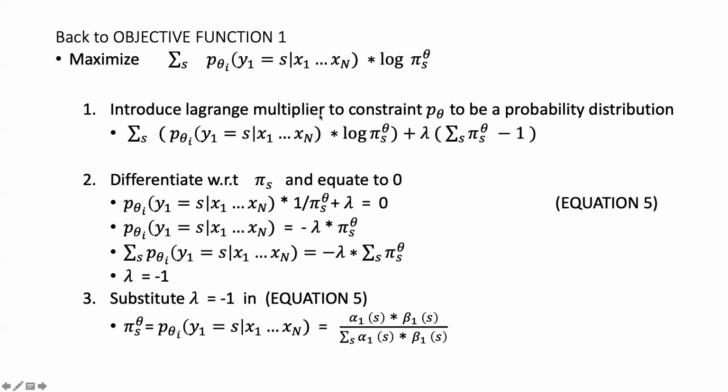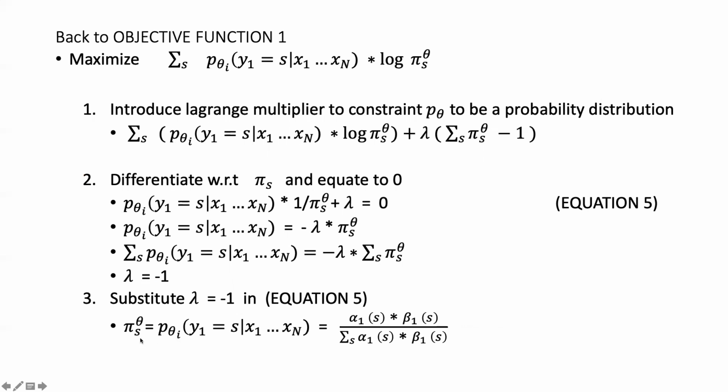In a similar fashion as we did for supervised learning, the initial parameters are probabilities, and the estimates should sum up to 1. So we introduce the Lagrangian multiplier and rewrite the objective function in this form. We follow similar steps, differentiating with respect to the parameter we are interested in and equating to 0, and then find the estimate for the Lagrangian multiplier and for the initial probabilities.